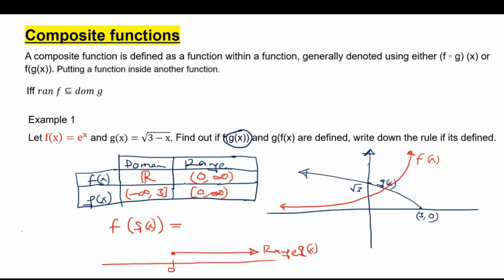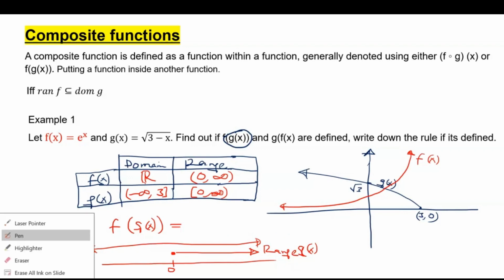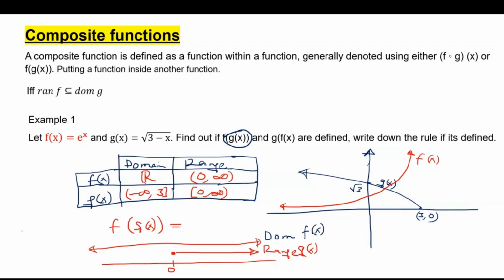All right, and if I do the same thing for the domain of f of x, it's going to be all real values. Let's see, a different color maybe. Domain of f of x.